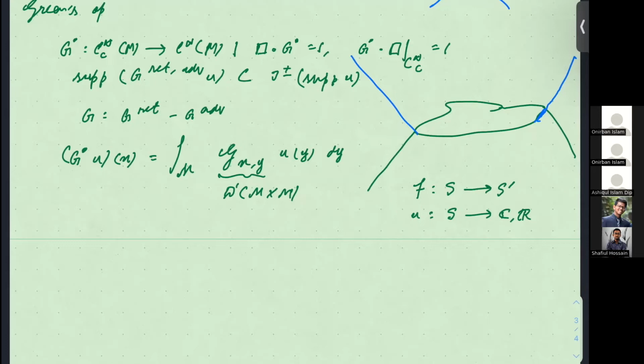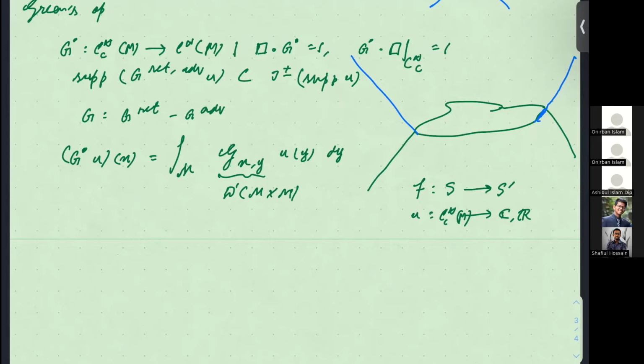For the time being, just keep in mind the difference between a function and a distribution: a function maps a number to another number, whereas a distribution maps an element of a vector space. Sorry, say it's C infinity of M. It takes a function and gives a number. We'll see a concrete example a bit later.